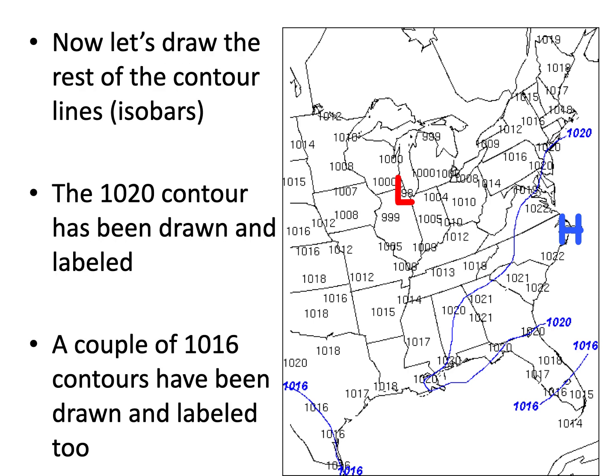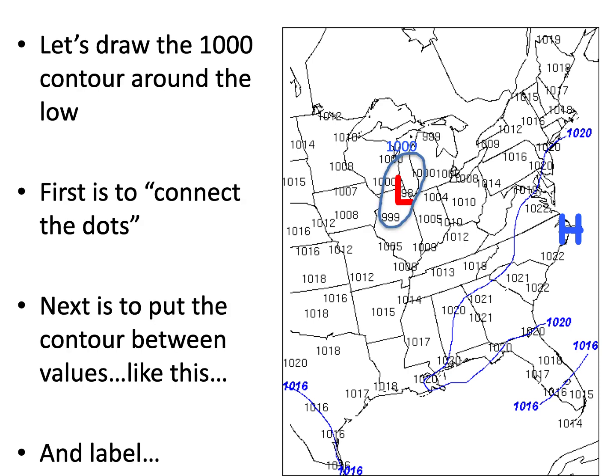So let's start off by going with what we have. As I mentioned, there's already a couple of isobars drawn. Let's work around those. But first off, I find it a lot easier starting around the low pressure area. So in this instance, let's draw the 1,000 millibar contour like I explained before, because that's going to be the lowest one of that 4 millibar set that we do.